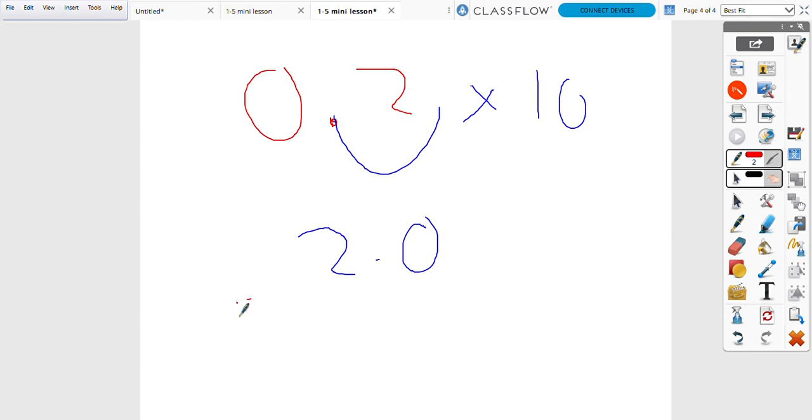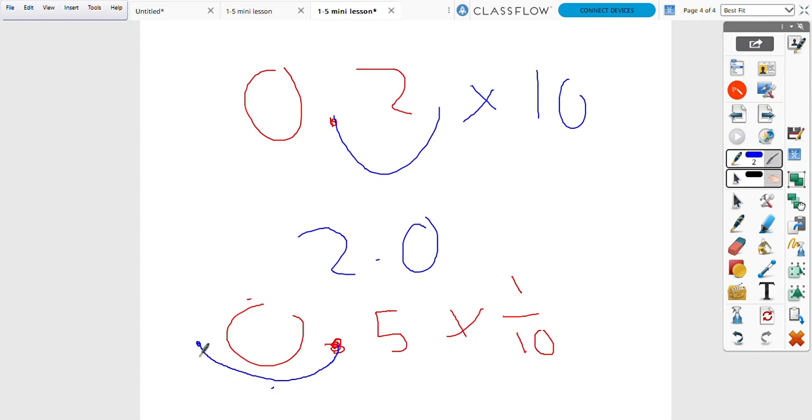The opposite could be said if you're multiplying by 1/10. So if you had a number like 0.5, or 5/10, and you're multiplying it by 1/10, you would just move that decimal point over 1 more to the left this time.